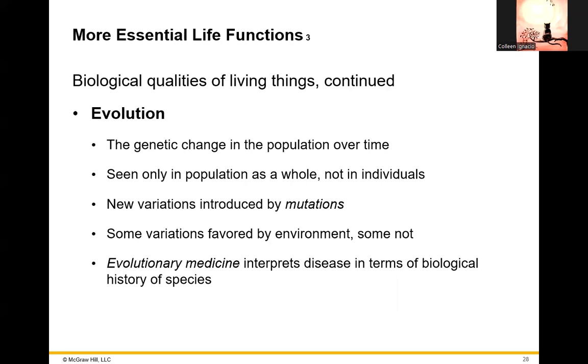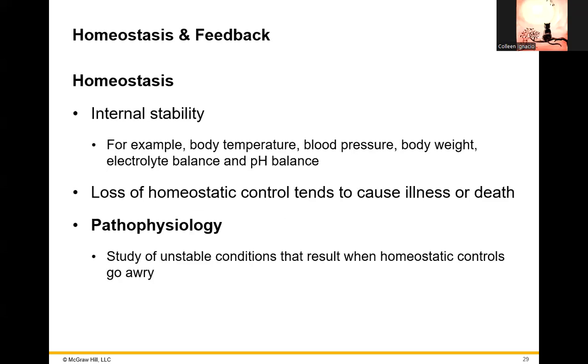So not all mutations are bad, though. Some mutations can be beneficial to a species. So evolutionary medicine interprets disease in terms of the biological history of a species, okay? So as we evolve, we change. Now, how does that affect the disease?